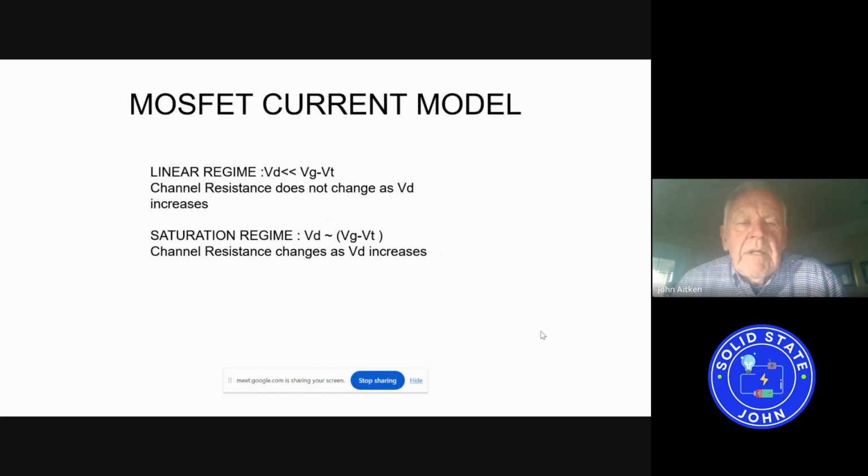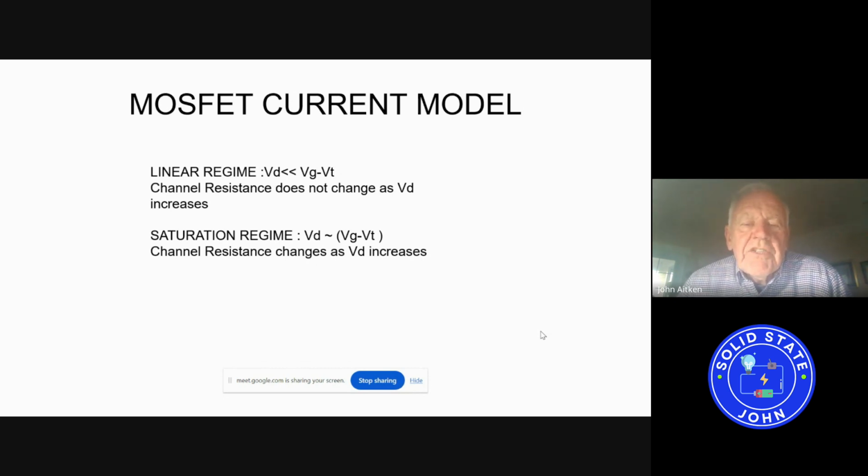The linear regime, where the drain voltage, one of the voltages applied to the drain of the device, and we'll talk about that later, is very much less than the voltage applied at the gate and the threshold voltage. For now, let's just say that the threshold voltage is the onset voltage at which current begins to flow. In the linear regime, the channel resistance doesn't change as the voltage applied to the drain increases.